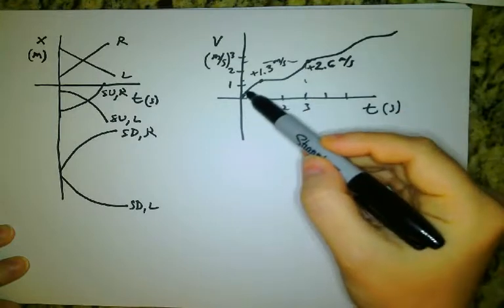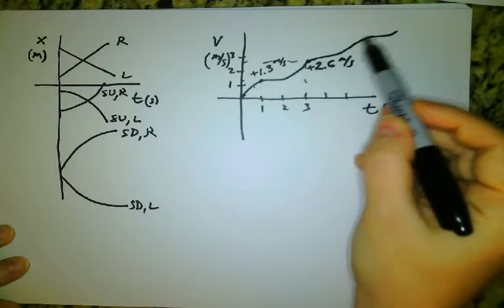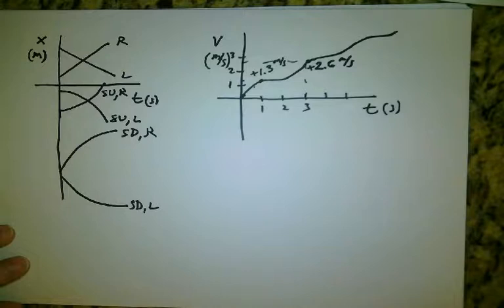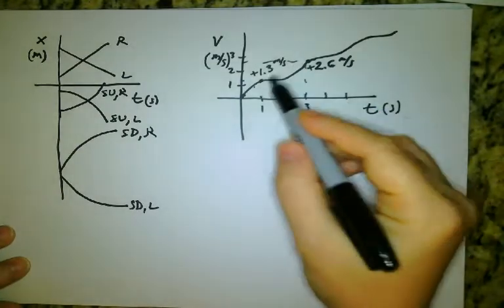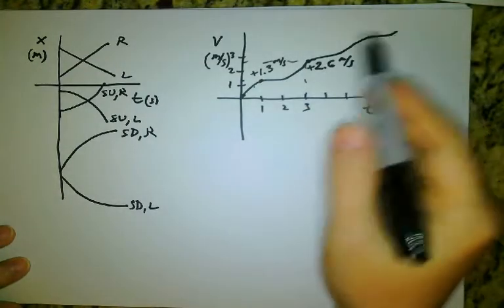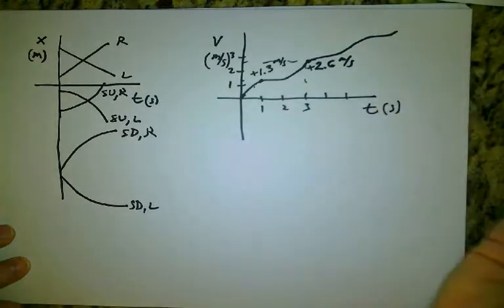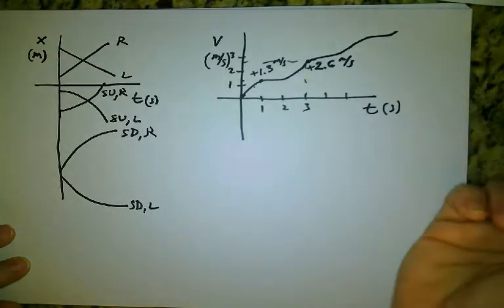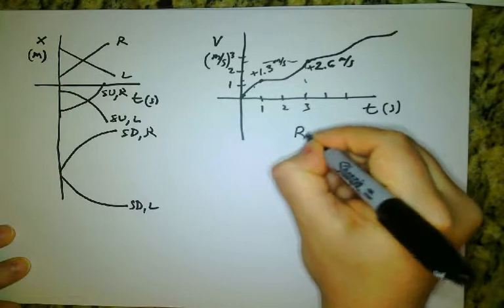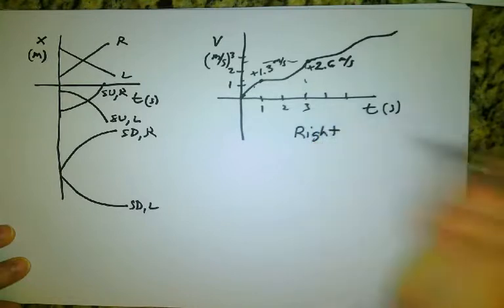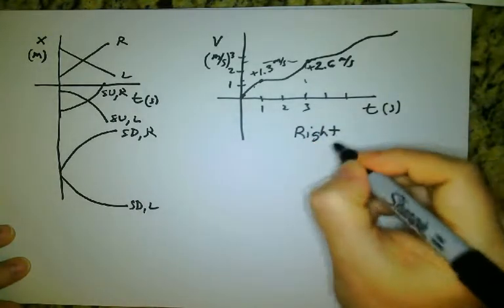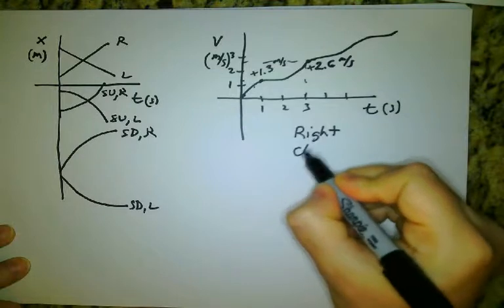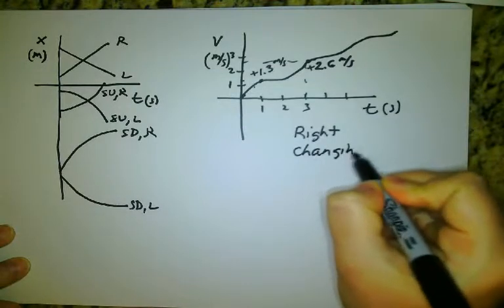And it's also always moving to the right, because all of these velocity numbers are positive. So this graph is showing motion to the right, and it's definitely changing its speed. Sometimes it's speeding up, sometimes it's slowing down a little bit, and it has little dips and valleys.